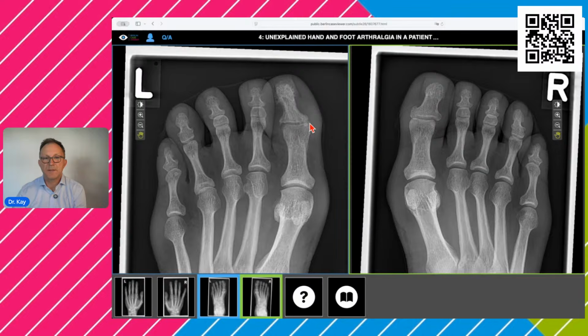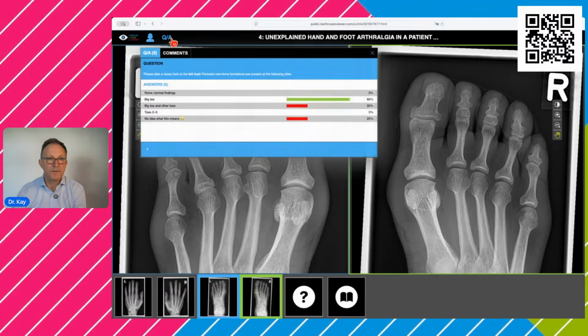So this is, I would say, some manifestation of psoriatic arthritis on the big toe on the left side, but not on the right side. And the question was, what do you see? And the correct answer was the big toe only, not the other toes. And thank you for the one person who ticked the last answer.